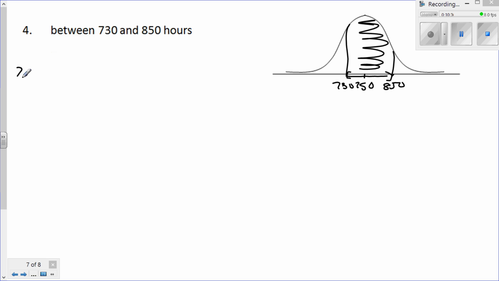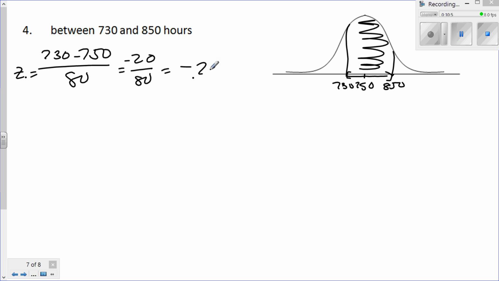So again, I've got two different values to find z-scores for. So that'd actually be a negative 20 over 80. I'm getting a negative z-score here because 730 is left of the mean. So 730 corresponds to a negative 0.25 for the z-score.